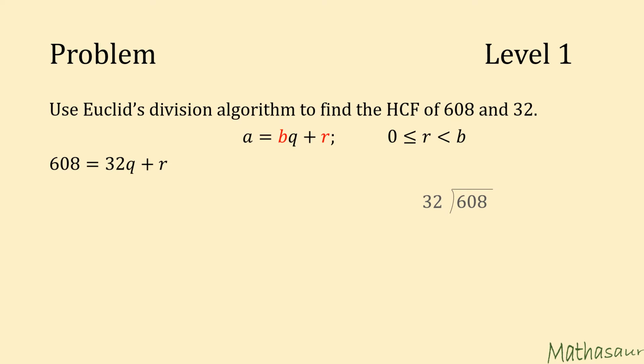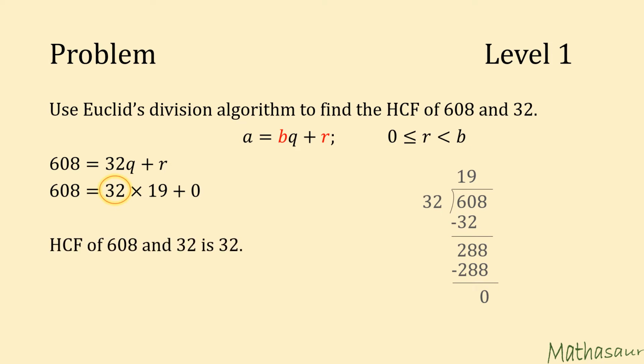Let us quickly do that. So we find that 608 is equal to 32 times 19 plus 0. Wow, we have found the remainder 0 in the first iteration. So B or 32 is the HCF of 608 and 32.